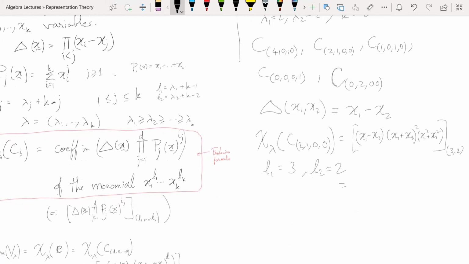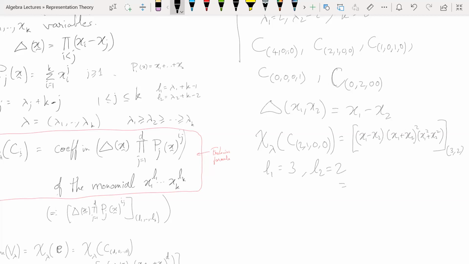The total degree is 5. So there should be some coefficient here. So I want x1 cube. The only way to get x1 cube is you have to have this x1 square term. So x1 square times x1.